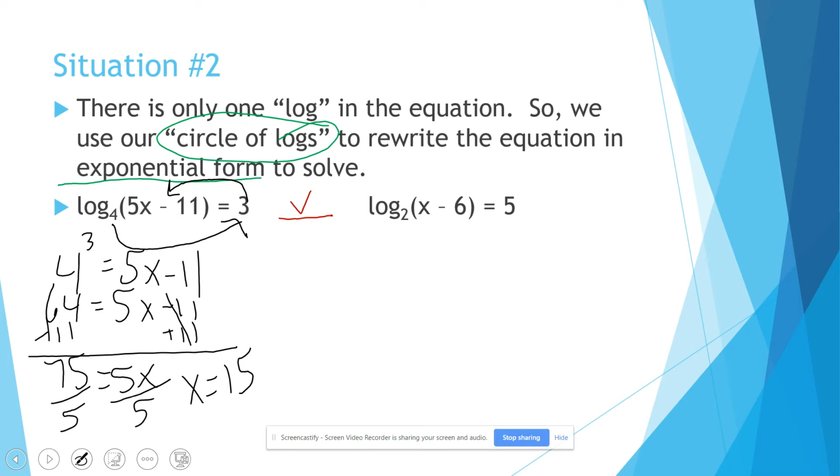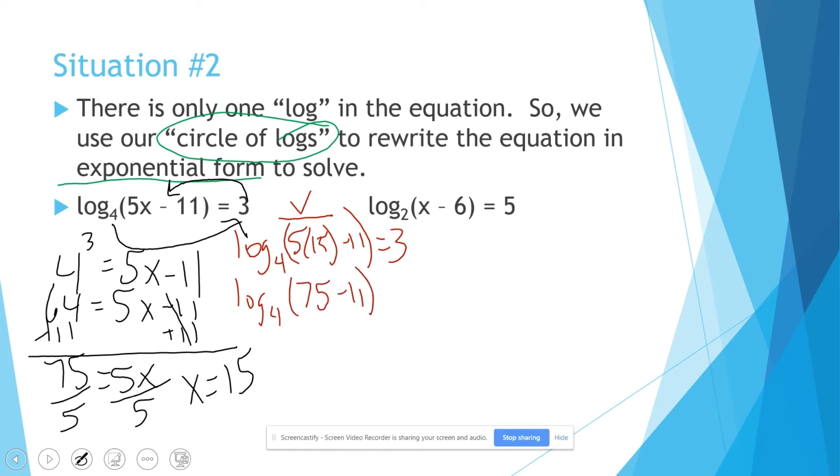Make sure we do our check. Log base 4 of 5 times 15 minus 11 equals 3. 5 times 15 is 75. 75 minus 11 is 64. 64 is a positive number, so I'm good.